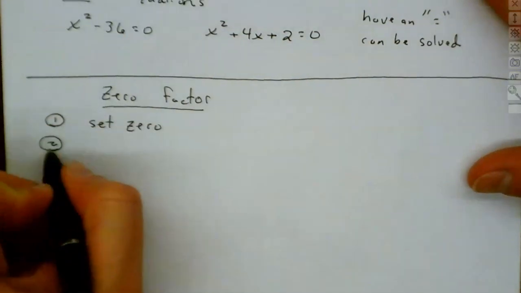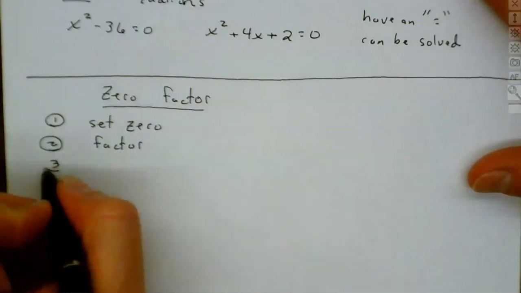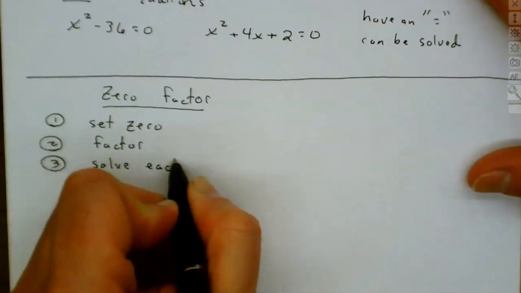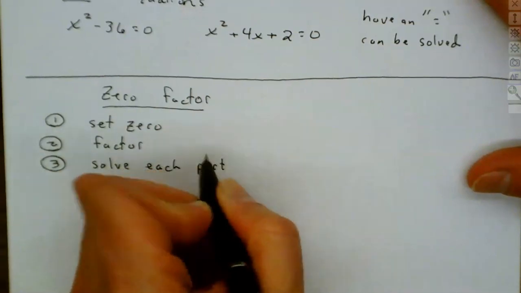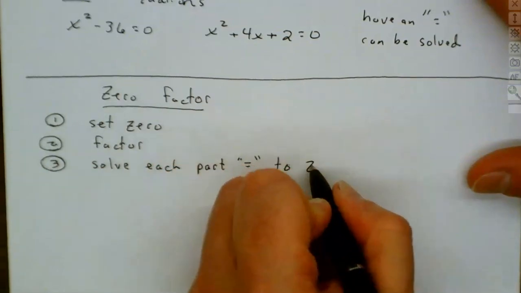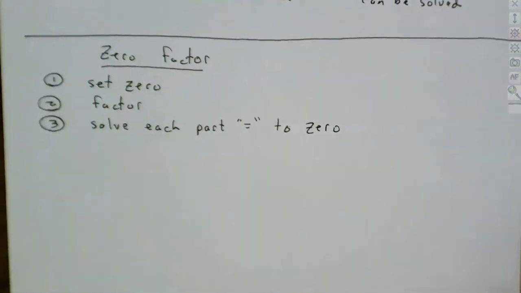Step number 2 is you factor. And step number 3 is you solve each part equal to 0. So you set it to 0, factor, and you solve.